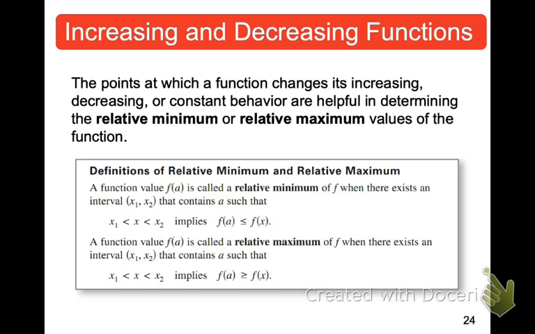So you're really looking at where the graph is at its highest point and where the graph is at its lowest point. Your relative minimum is your lowest point. Your relative maximum is your highest.